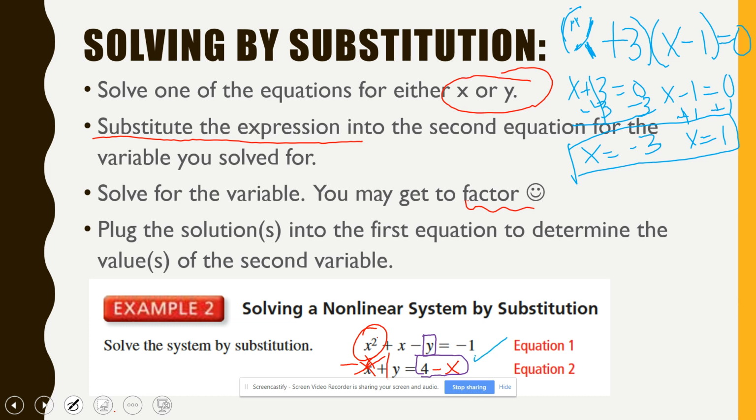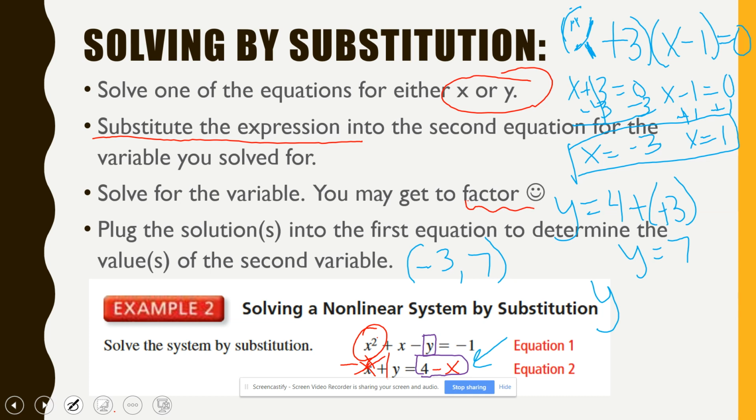So I'm actually going to plug it into that second equation that we already solved for y. So y is equal to 4 minus x, with negative 3 first. 4 minus negative 3 gives me 7. So my first solution is negative 3, positive 7, where these two lines will cross.